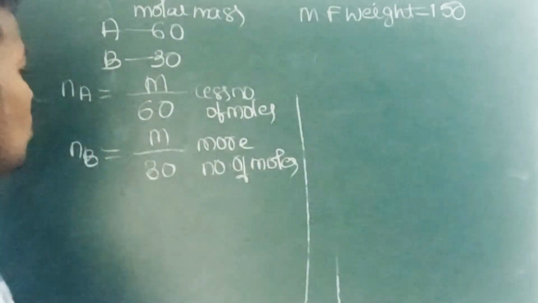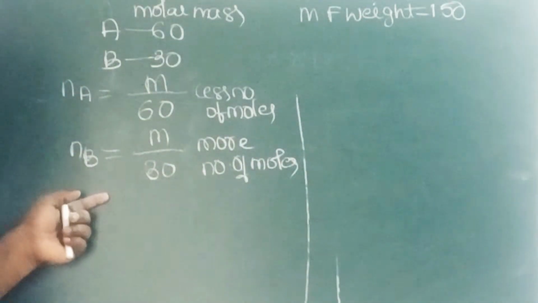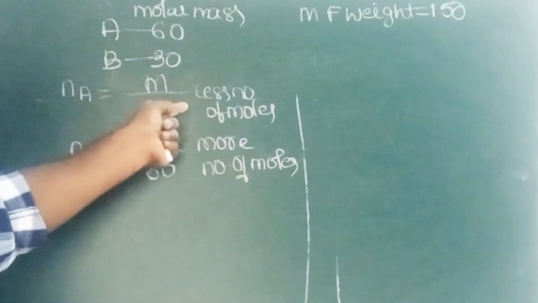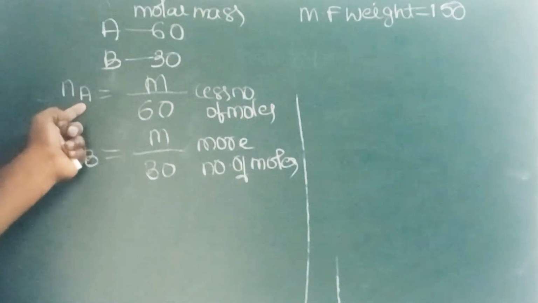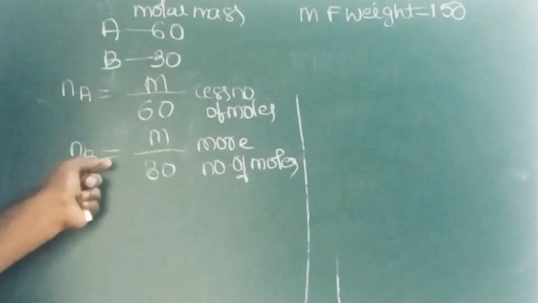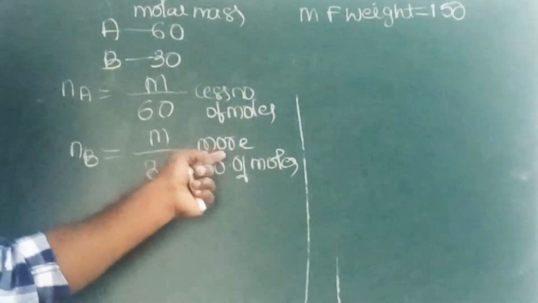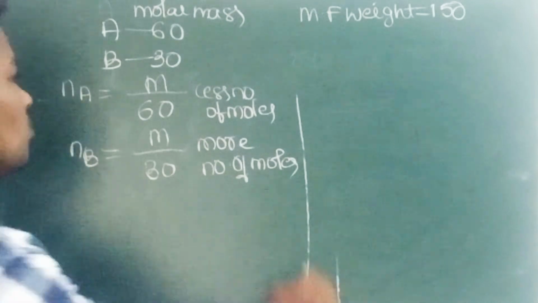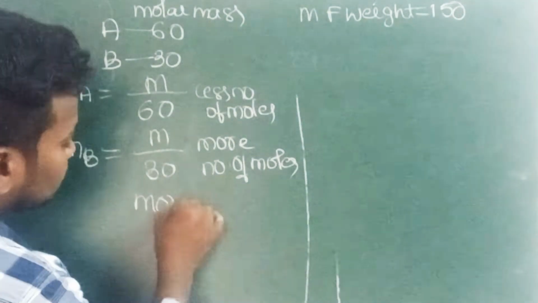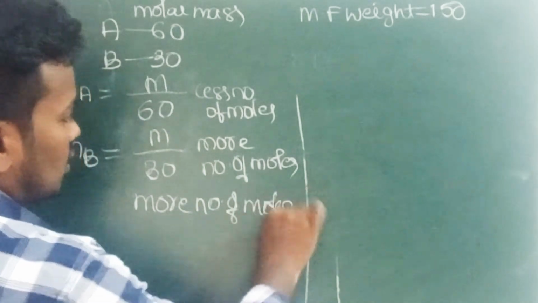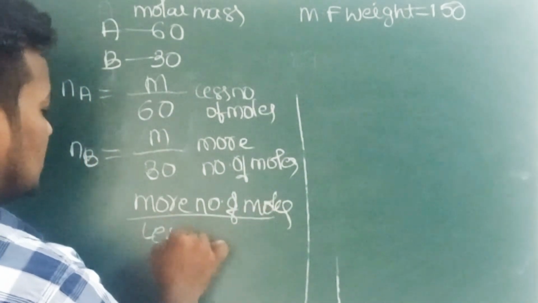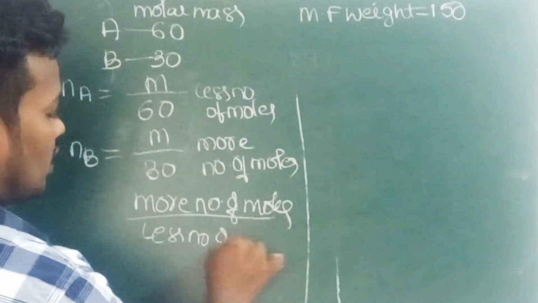So now we have to divide the more number of moles by the less number of moles.